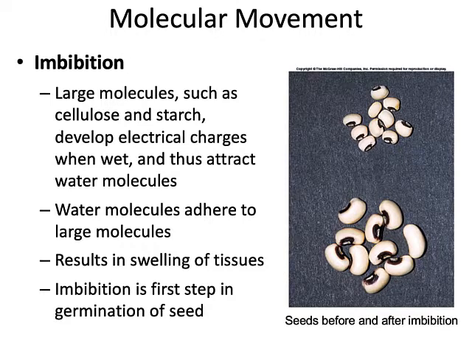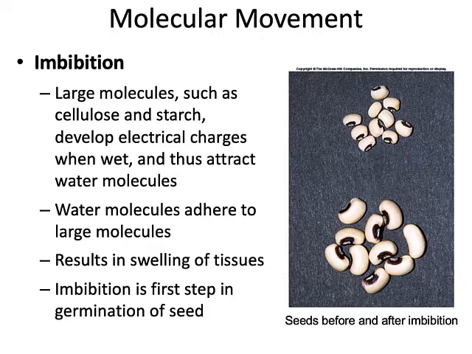Another term that's related to molecular movement in plant cells is imbibition. This refers to the fact that large molecules, such as cellulose and starch, develop electrical charges when wet, and thus attract water molecules to them. Water molecules adhere to large molecules, which results in the swelling of tissues.